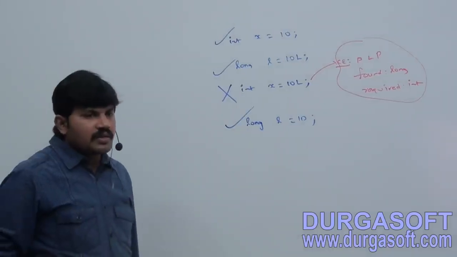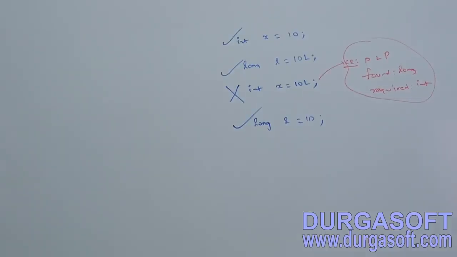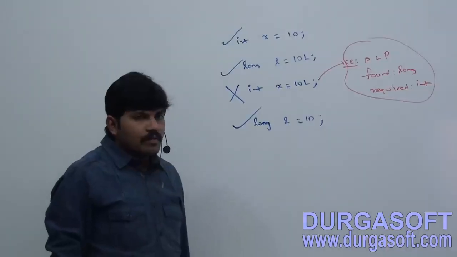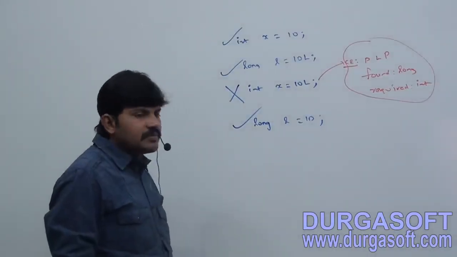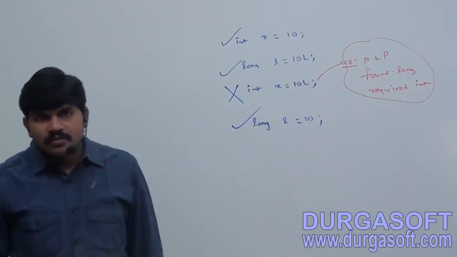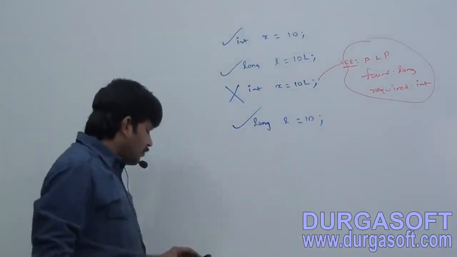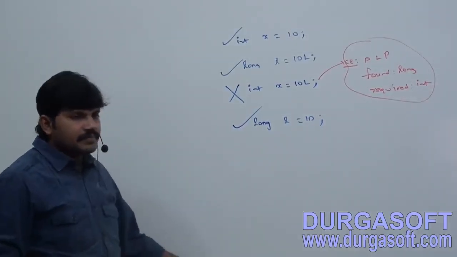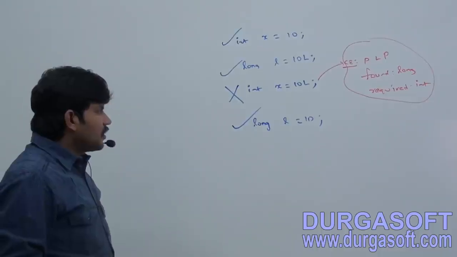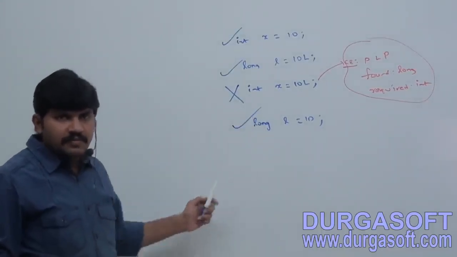For int x is equal to 10L we will get a compile time error saying possible loss of precision, found long, required int. Like this compile time error we are going to get. Are you able to understand? Long l is equal to 10 is fine. Any explanation required?